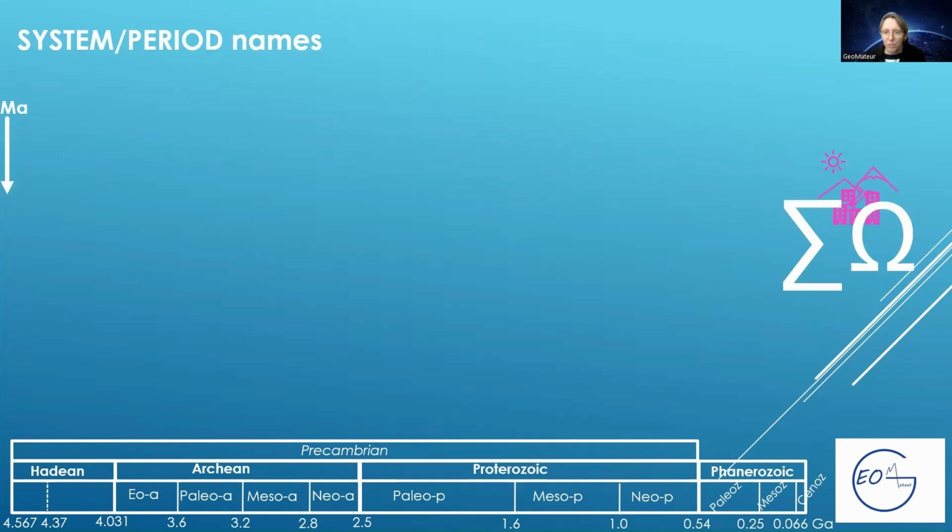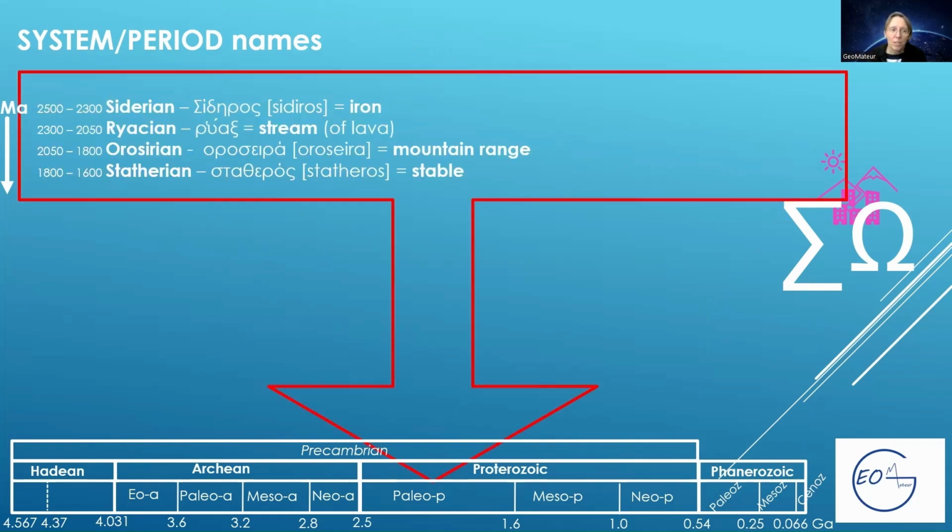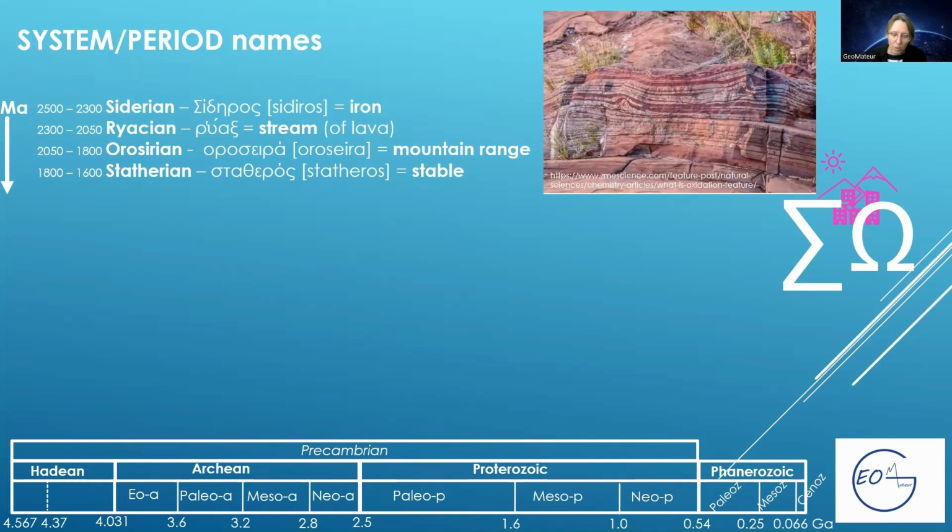Now we are going to analyze names of systems or periods. The word Siderian comes from the Greek term sideros, meaning iron. Siderian marked the peak deposition of banded iron formation.